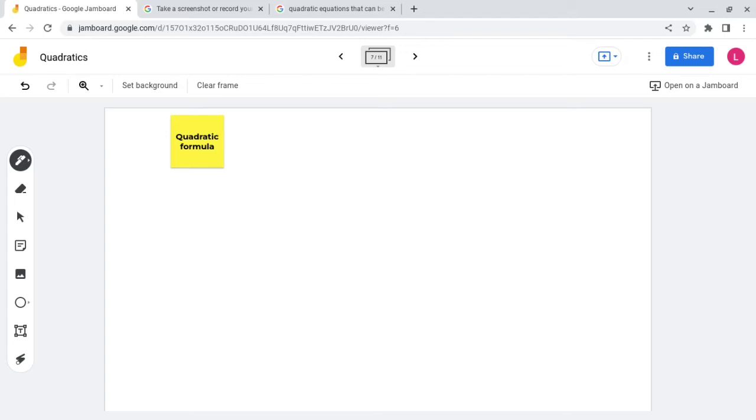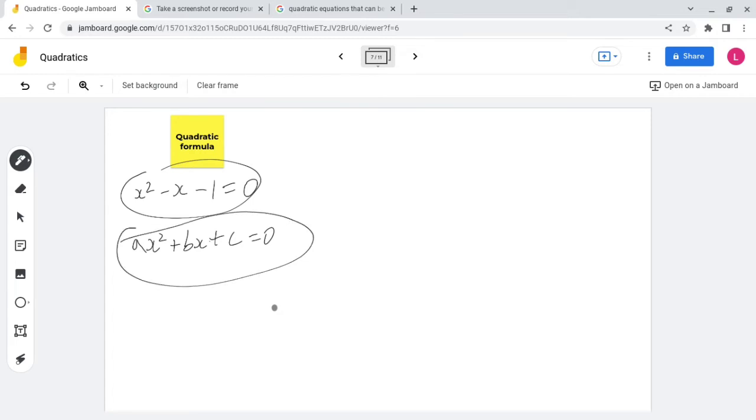So let's say we are given the equation x squared minus x minus 1 equals 0. Now we have to make this equation into ax squared plus bx plus c equals 0.